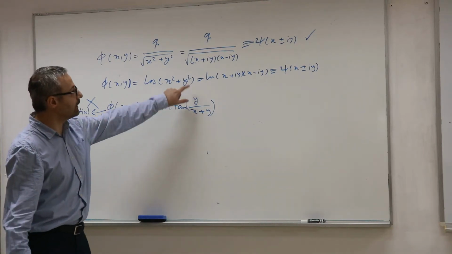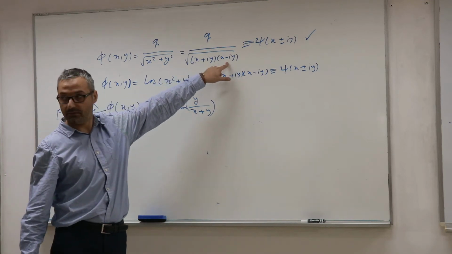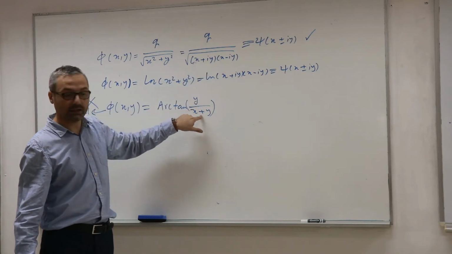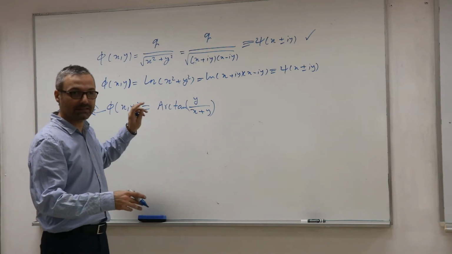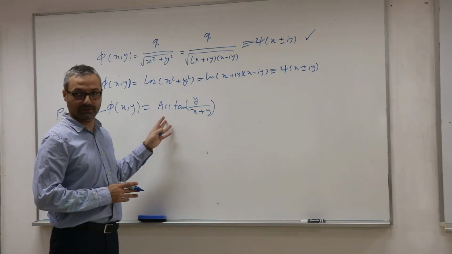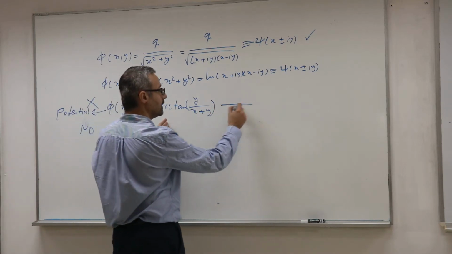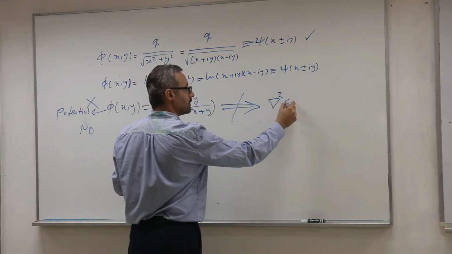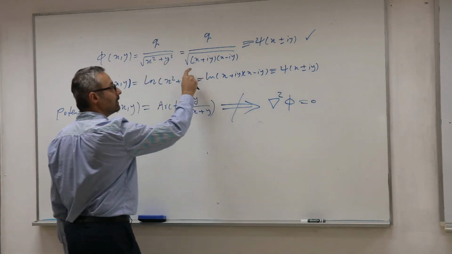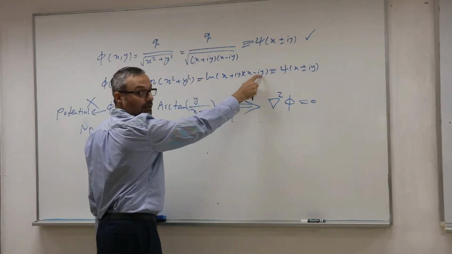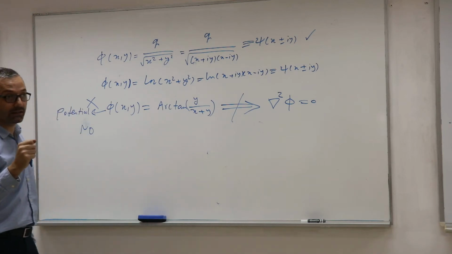This is not in the form of x plus iy, x minus iy. This is in the form of y over x, something else. It cannot be the electric potential. Understand? It cannot be any type of potential because it doesn't satisfy the Laplace equation, because it's not in the form of x plus iy or x minus iy. It's a very good test.